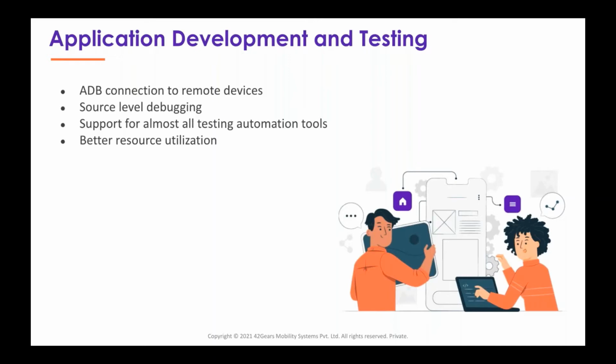Because it allows an ADB connection to the device, almost all the testing automation tools present in the market today work seamlessly with Astrofarm. Whichever machine you are running your automation tools on, you just use Astrofarm APIs to get an ADB connection to those devices. Once it is established, your automation tools will sense those devices as if they are locally connected, and they should run without any issue.